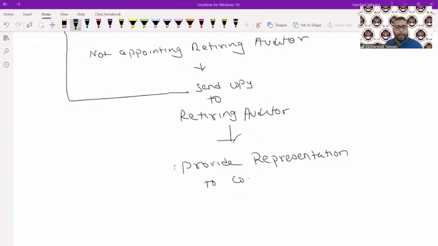But there should not be anything in the representation that is like an advertisement, or defamatory for the company and not factually correct or true. I cannot say that because the company is removing me, the company is bad. No, I cannot say that.